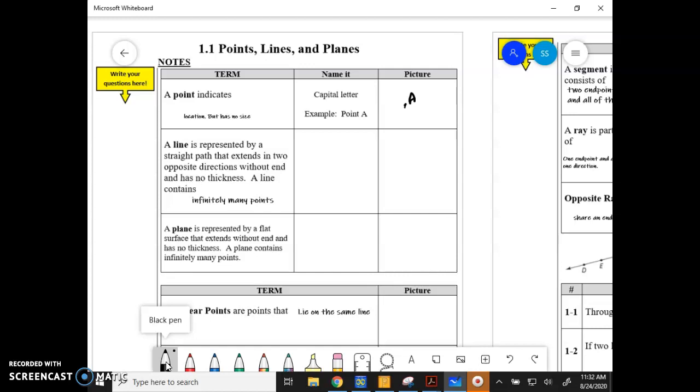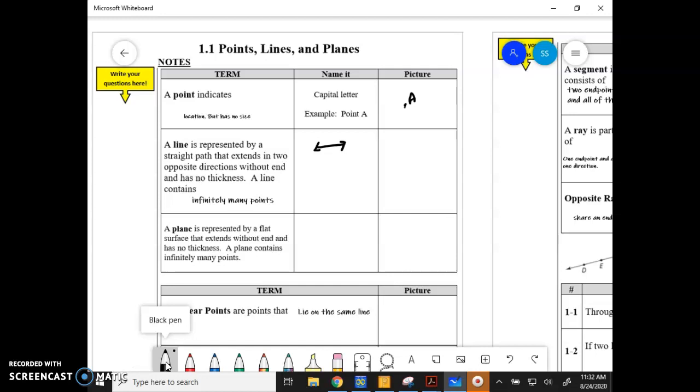The way we're going to name a line, we have 2 options. Option 1 is we can name it by any 2 points. So if we have a line, remember it extends both directions without end, so it's very important to put the arrows on the end there.